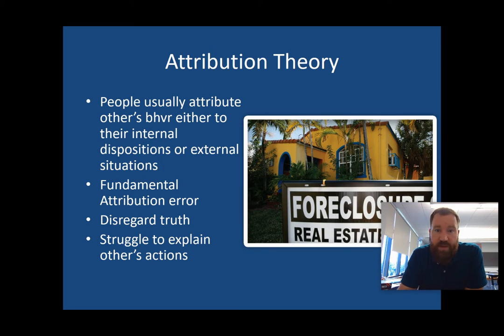Maybe they had to take care of an ailing parent or a family member, which meant that they couldn't work anymore. You can see how this can very easily explain some people's behaviors if we just take a 10,000-foot view, right? Just zoom back and see all of the circumstances that are affecting people's lives.